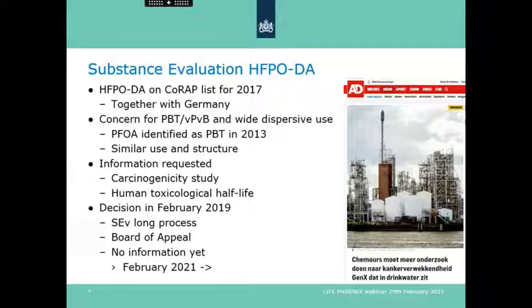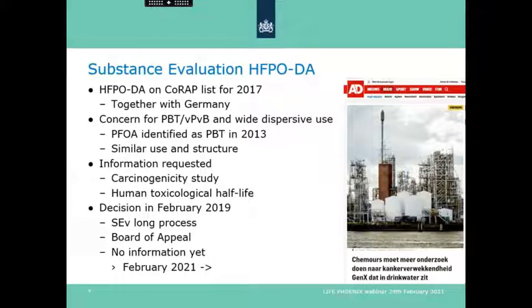There was a concern for the persistence, the PBT, the persistence, bioaccumulative and toxic properties in combination with a wide dispersive use. And this was based on the similarities with PFOA. PFOA had already been identified as a PBT substance back in 2013.